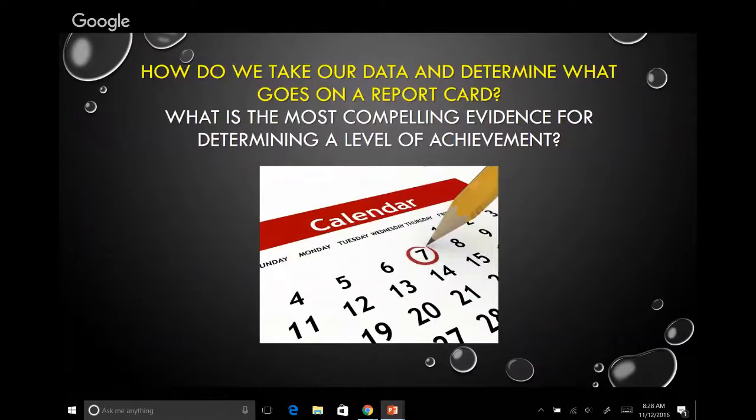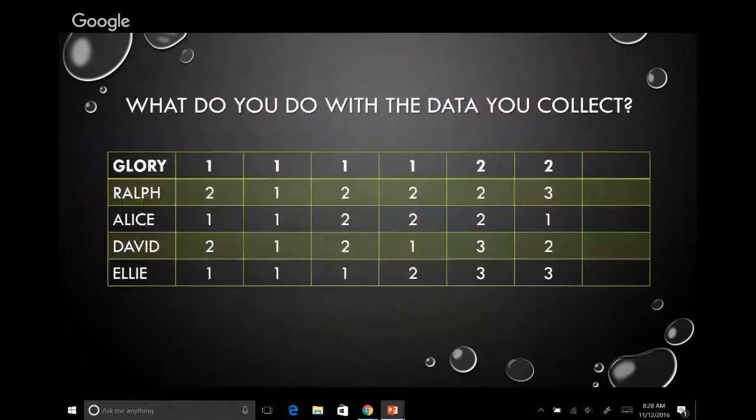So now that we have the data, let's take a look at where we go from here. We need to decide on the most compelling evidence to determine the level of achievement. So if you have a piece of paper and a pencil close by, I'd like for you to examine. This is student data. It's just underhand throw, and this is over time. So this is the same content over time with these children.